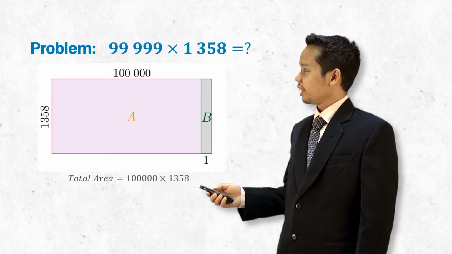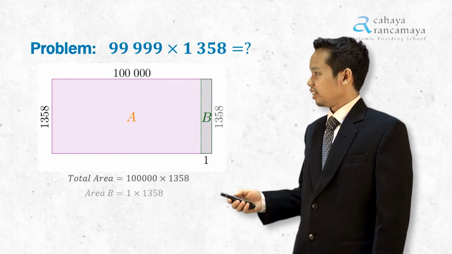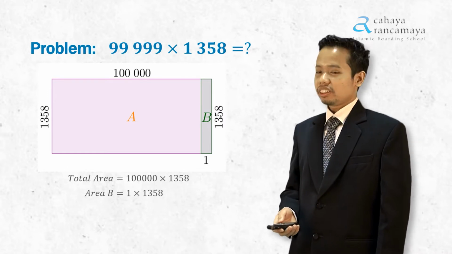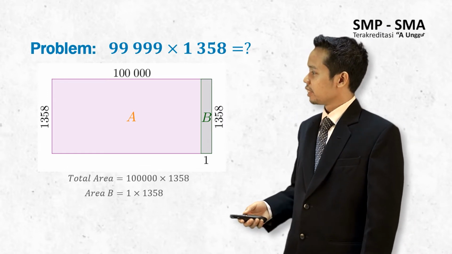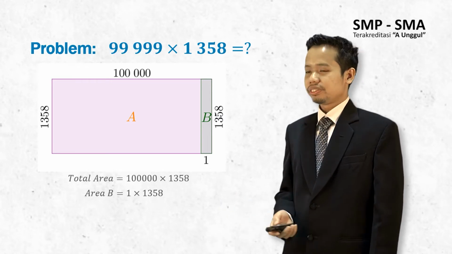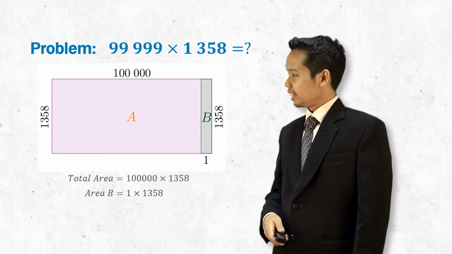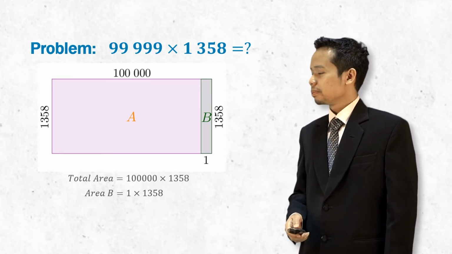So, what is the area of part B? The area of part B is only 1 times 1,358. Again, here we have a simple multiplication.